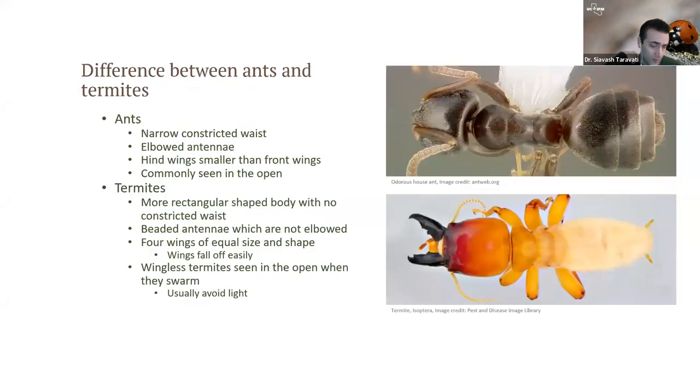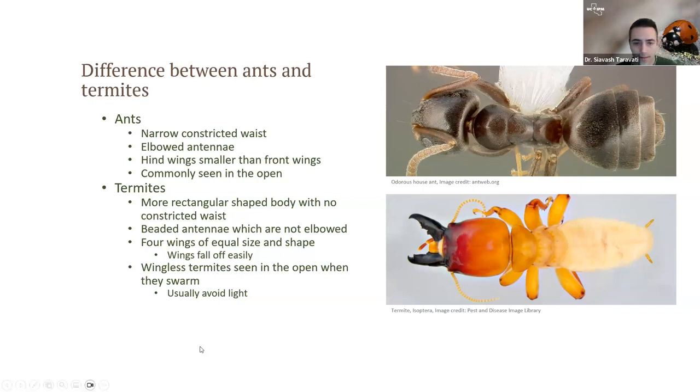So for those of you who recently joined pest control, usually the general public makes this mistake, but it doesn't hurt to review. Most termites, when you see them in the field, have a light tan, light colored body, versus ants, which can be anything from red to yellow, orange, brown or black.